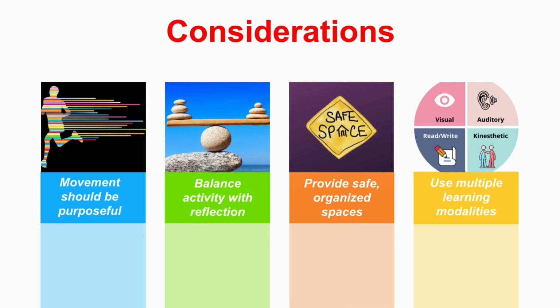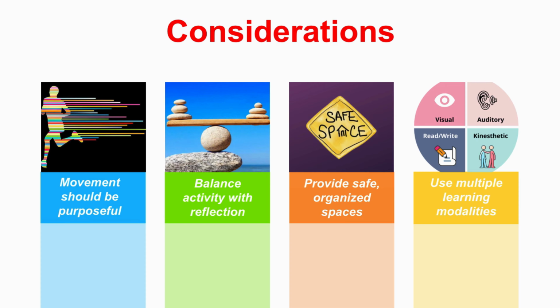So some considerations for the classroom when dealing with these types of learners: movement should be purposeful. We're not just moving just to be moving. It is related to the specific topic or content we're trying to get across. We want to balance activity with reflection. So we don't want them just moving around aimlessly.